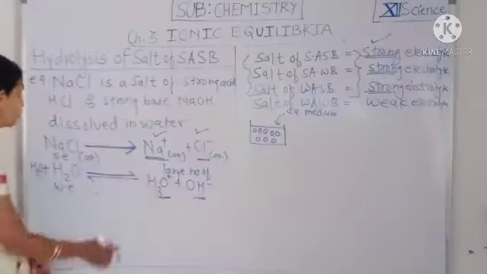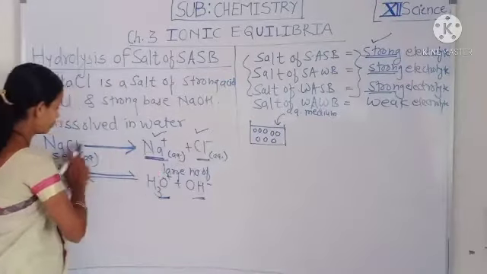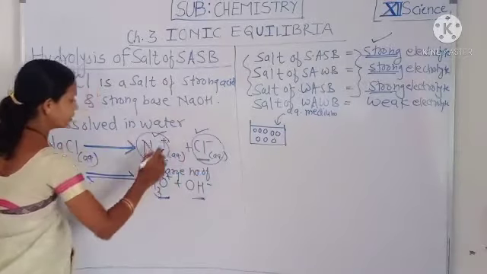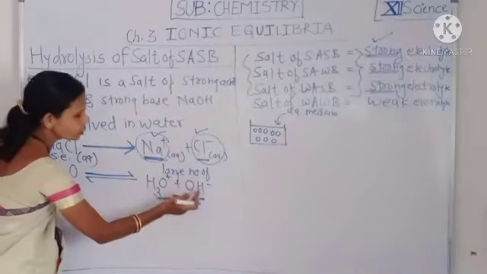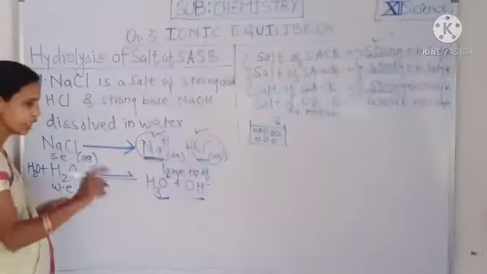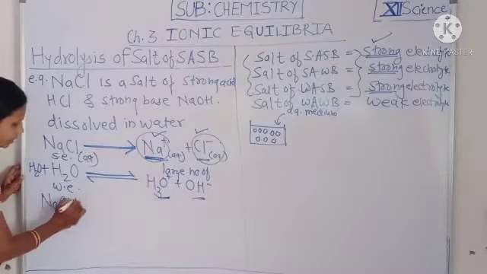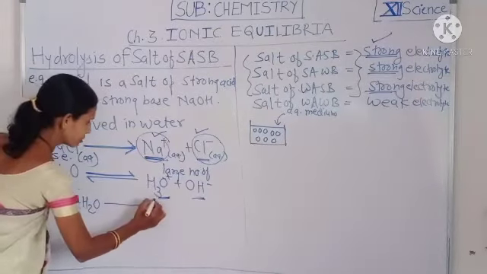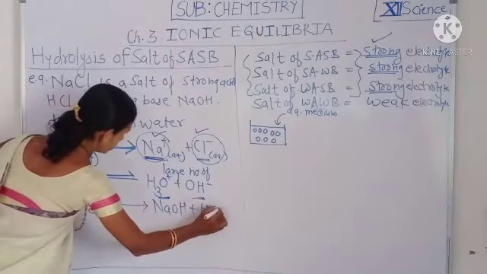Then see here, if the dissociated ions of this salt, that is Na plus and Cl minus, react with water ions, if Na plus reacts with OH minus ion, it gives NaOH. That means when NaCl is dissolved in water, it would give NaOH and HCl.